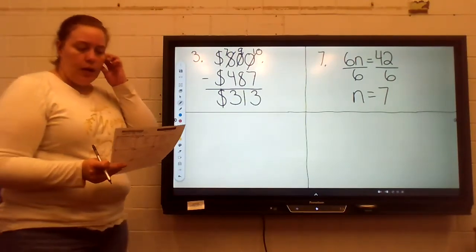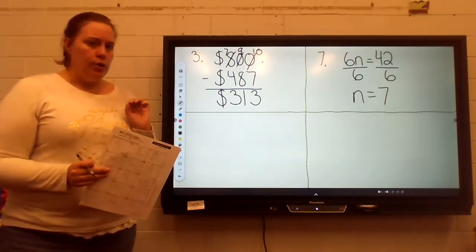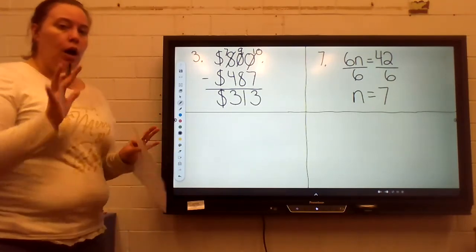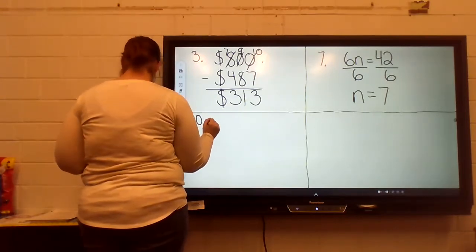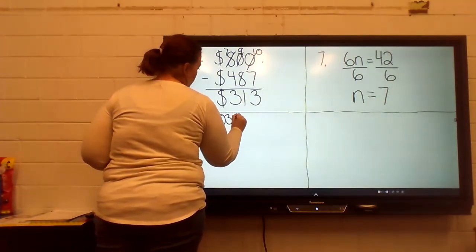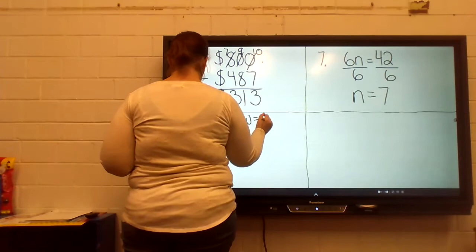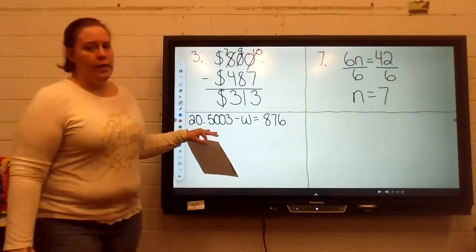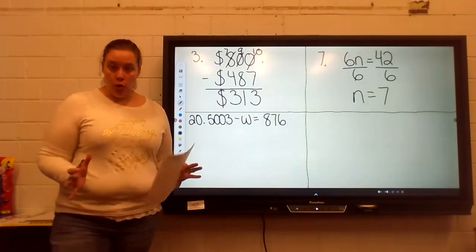Okay, one other thing I want to show you before I hop off here is when you are working with a subtraction problem with the variable. I'll use number 20 as an example. So you have 5,003 minus W equals 876. When you have a subtraction problem that's written like so, 5,003 is your total.